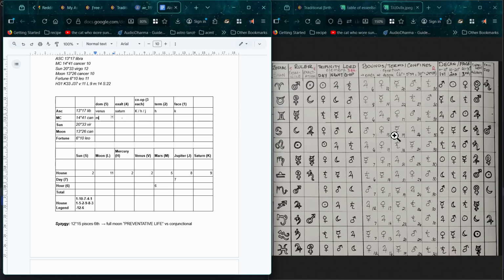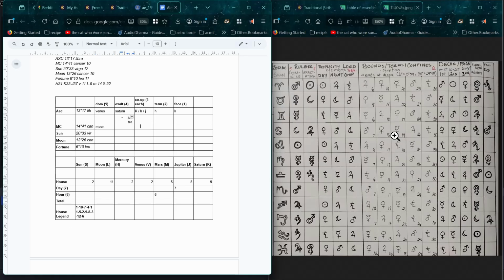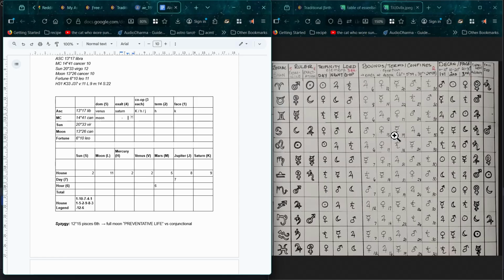So we have Moon, Jupiter, Venus, Mars, L for Luna, H for Hermes, and this is 14 degrees, so another Hermes for the Mercury face of Cancer.